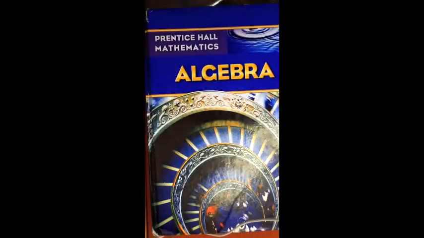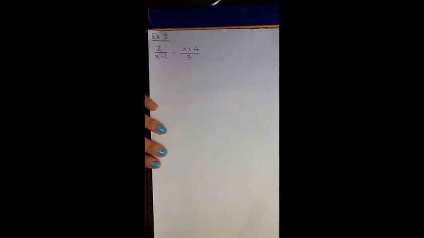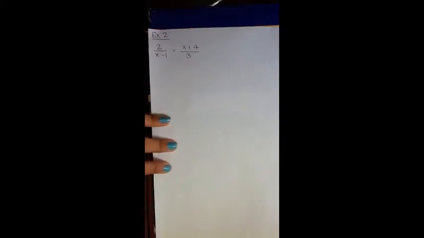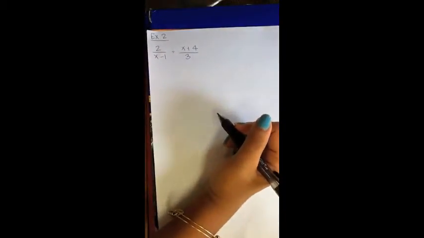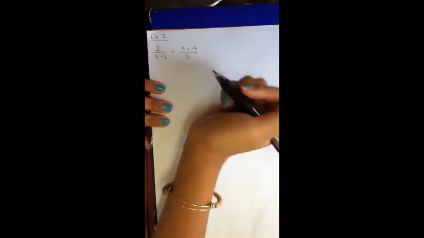So our second example is x over 2 over x minus 1 equals x plus 4 over 3. Same way, you cross multiply.